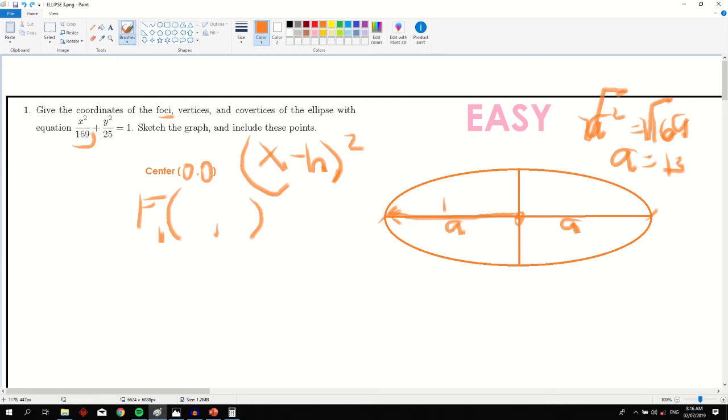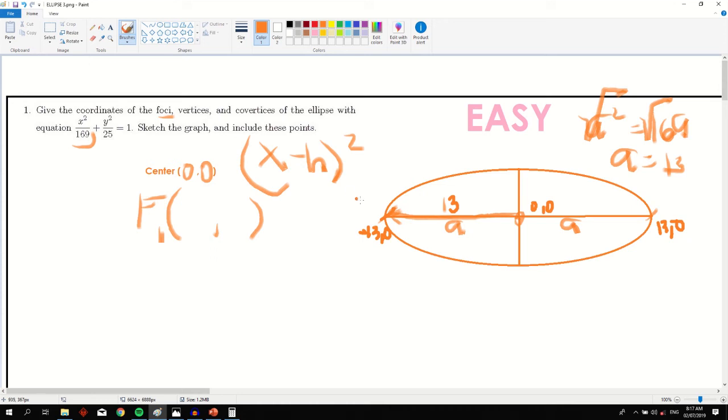Let's try another brush. Okay, 13, much more visible. So from the center (0, 0) to here, it is negative, right? And this could be what? (13, 0). All right, so we now have one vertex at (-13, 0) and the other at positive (13, 0).